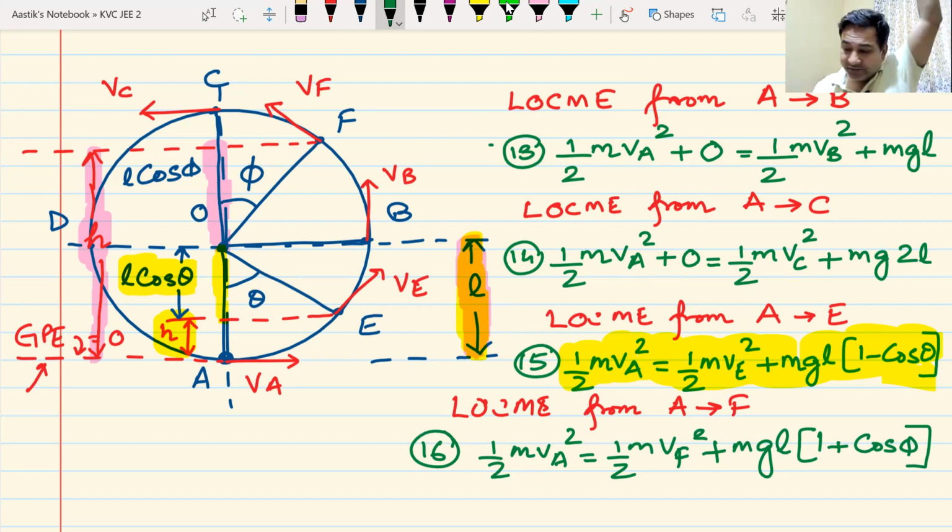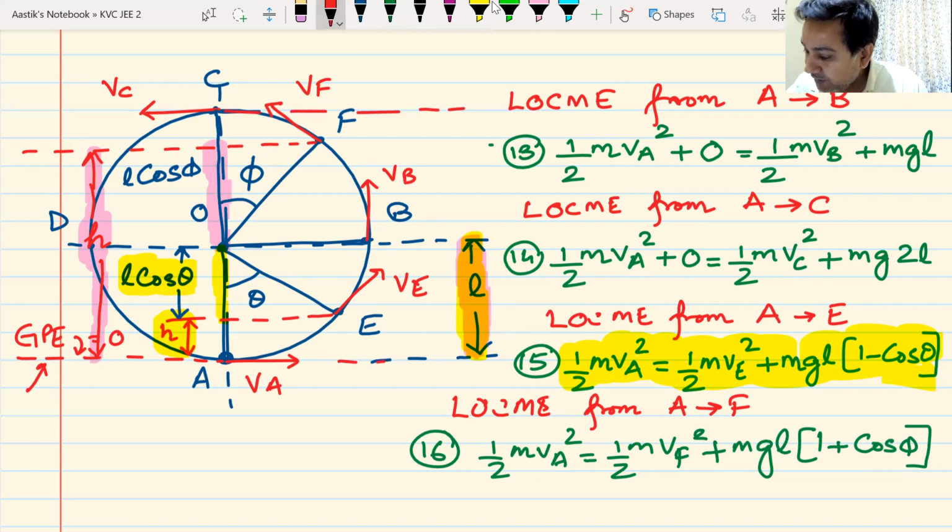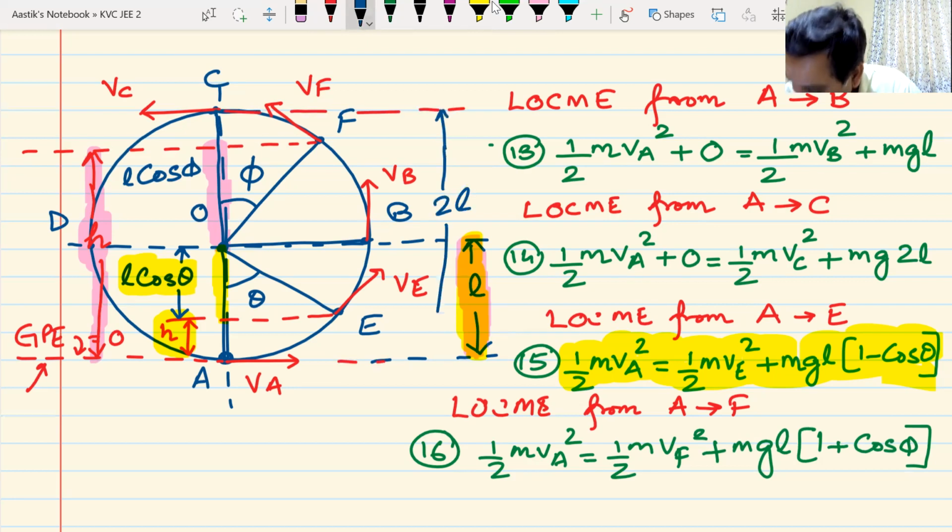So I now use green. What I have to do is, from here to here, this is 2L.